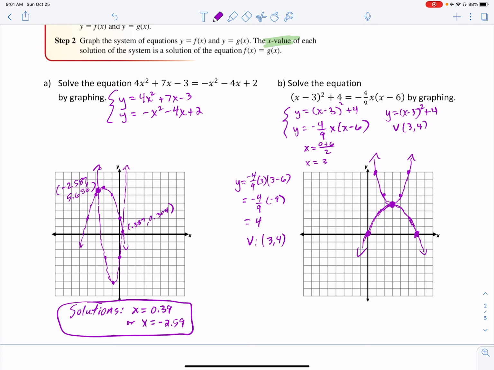And there we've got that. And the solution, now remember, there is no y value. So that vertex, which is the vertex for both, it is the x coordinate of the vertex because the original problem was in terms of x. So there's just one solution, and that solution is x equals 3. And that's it.